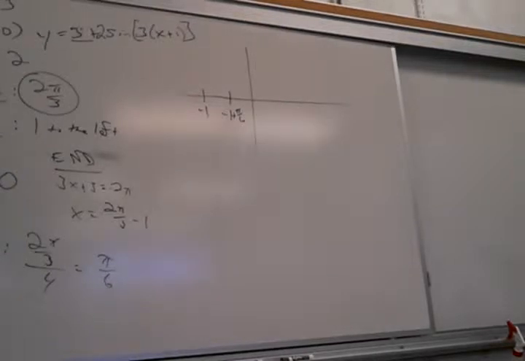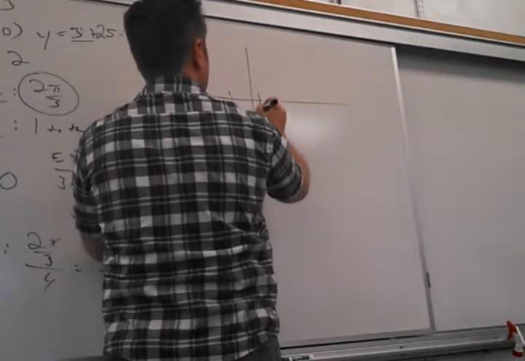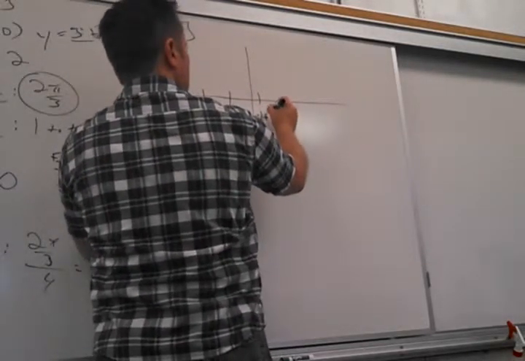Or you can put a decimal there. I don't totally care, but it's better not to. -1 plus 2 pi over 6, or -1 plus pi over 3. Is that going to be above 0? Yes. Why? Pi is a little bit more than 3, so you know it's going to be just a little bit more than 0.